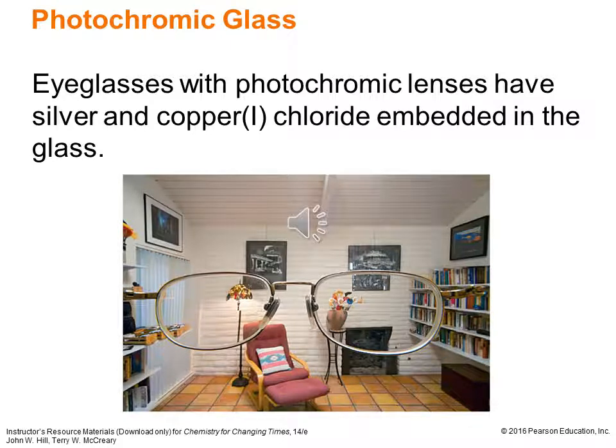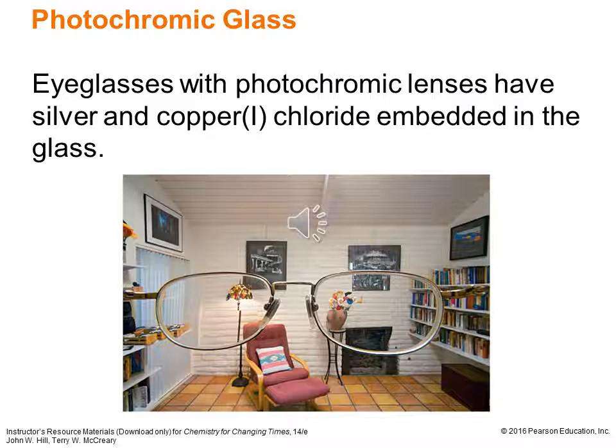Okay, so looking at an application of redox in modern materials, we can think of photochromic glass. This is very common in these eyeglasses that you may have seen with photochromic lenses. Those lenses have silver and copper(I) chloride embedded in the glass, and in normal indoor lighting they appear clear and colorless because there's not sufficient energy to cause the redox that causes the color.